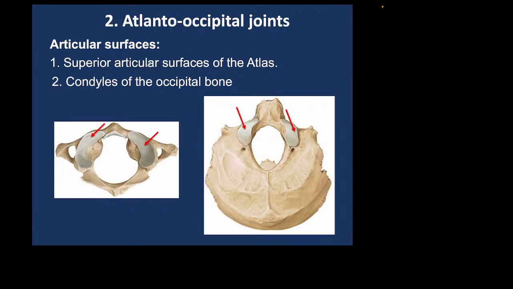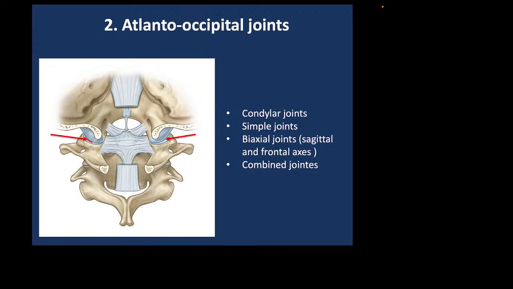Here is also the connection between the occipital bone and the atlas, the first cervical vertebra, and here you see the articular surfaces, two symmetrical surfaces on the atlas and two surfaces on the occipital bone, and there are two joints, atlanto-occipital left and right, and the gap of these joints is located between quite well congruent surfaces, and these atlanto-occipital joints are condylar joints, rather bicondylar joints.